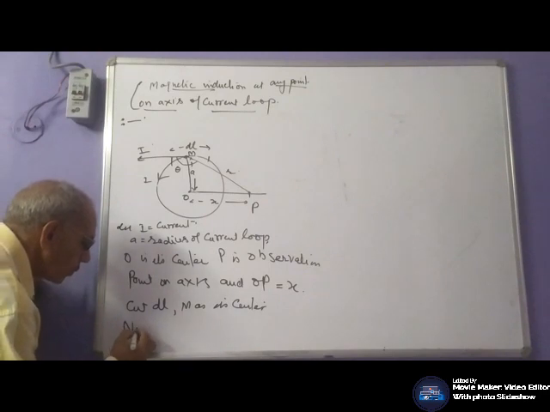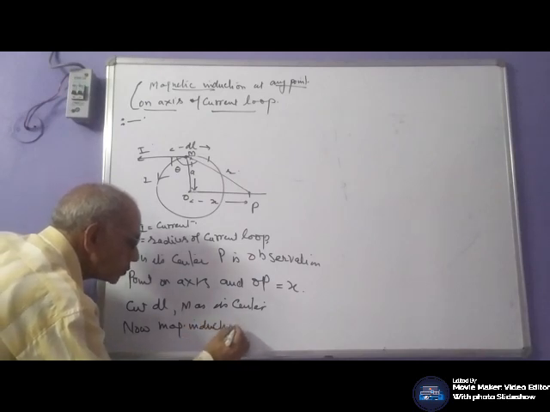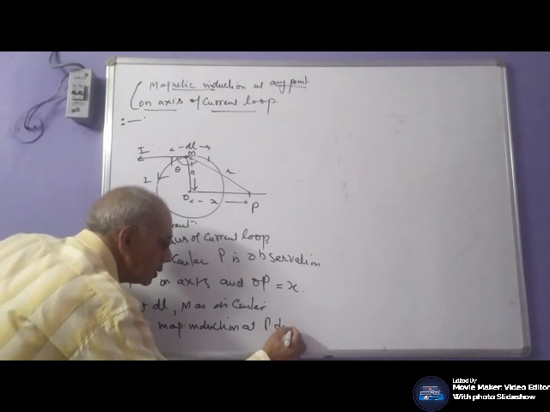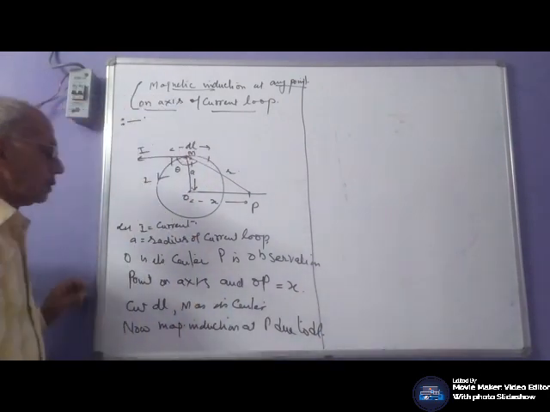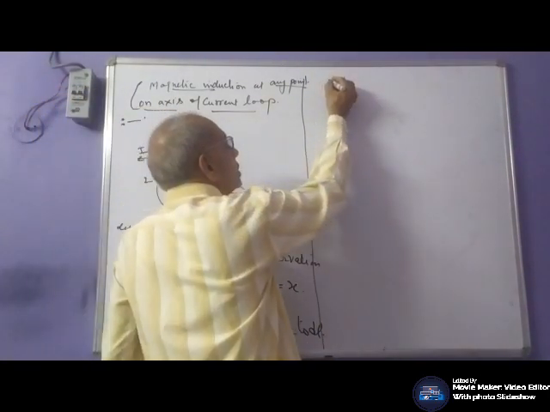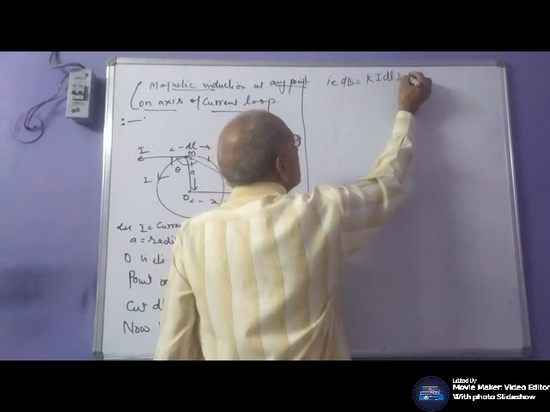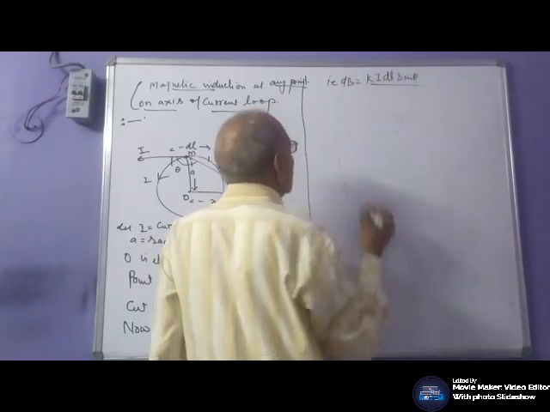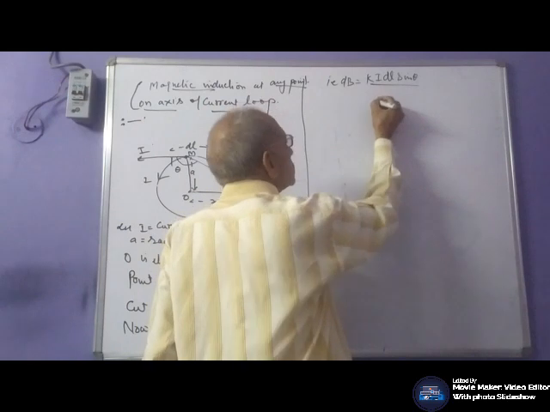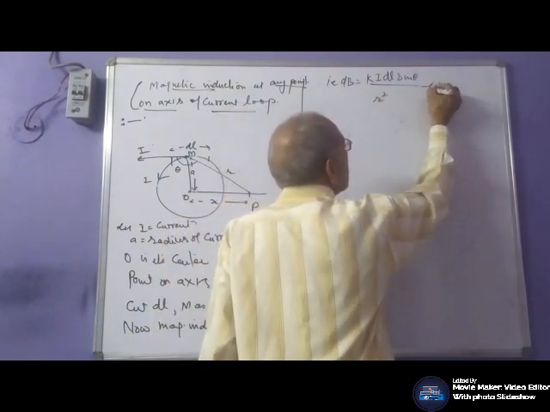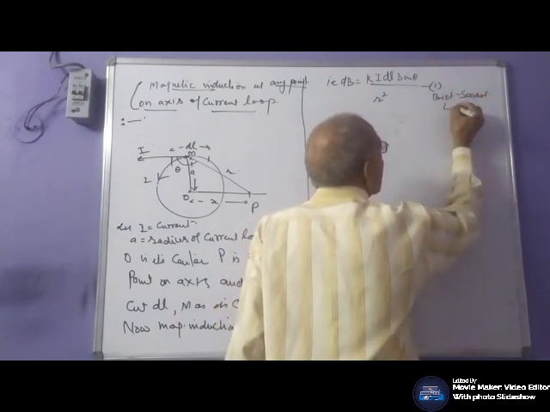Now the magnetic induction at P due to dl, that is dB, equals K I dl sin theta by r square, the distance being small r. This is Biot-Savart Law.